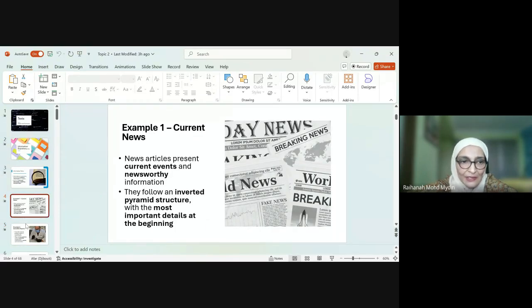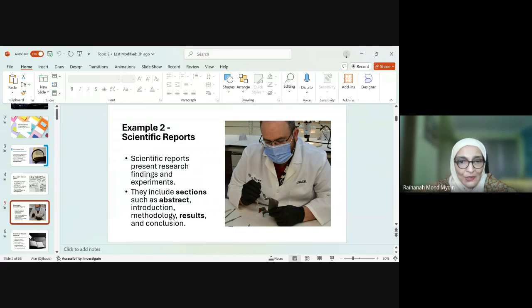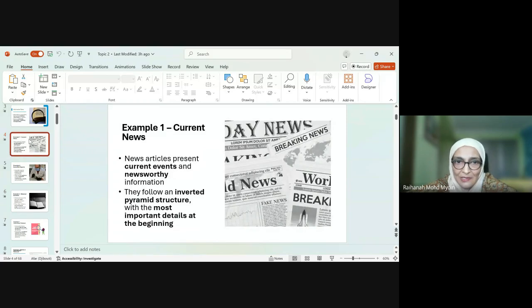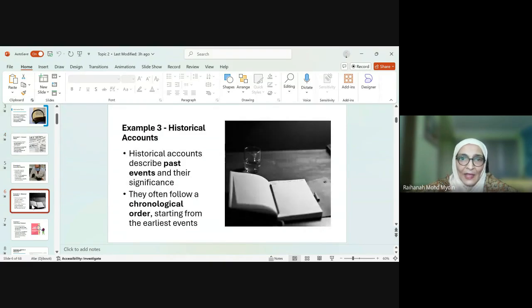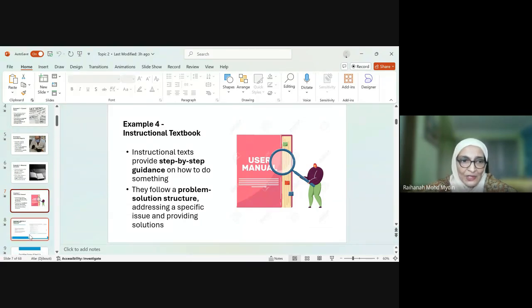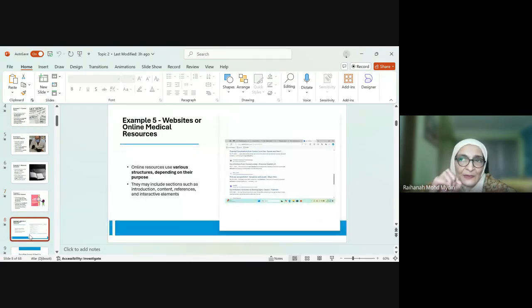Okay. So you've got news, current news, not to be mistaken with editorials. So we're looking at current news, scientific reports. We're also focusing on historical accounts. To distinguish between current news, looking at the present, and historical accounts, looking at the past, these elements of expository or informative narrative are incorporated, as well as instructional textbooks, reference textbooks, theory books, and websites on particular areas, including medical resources.